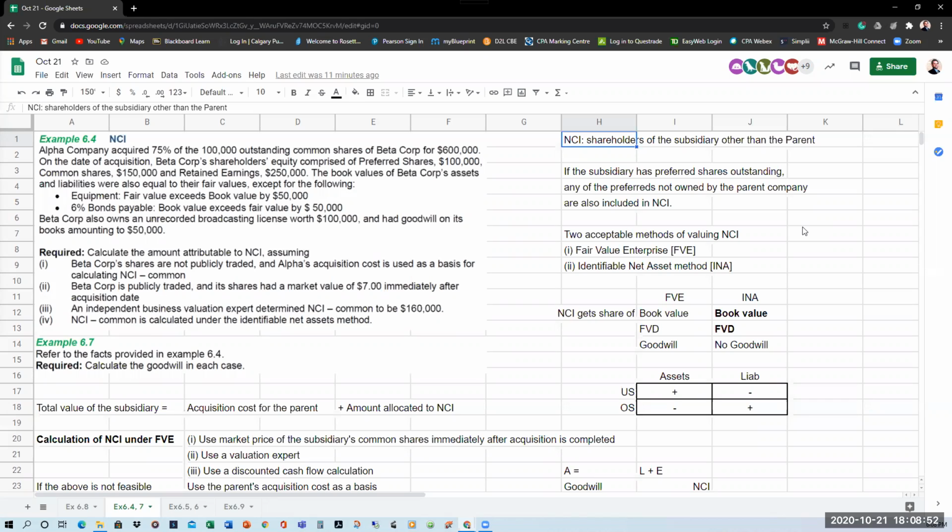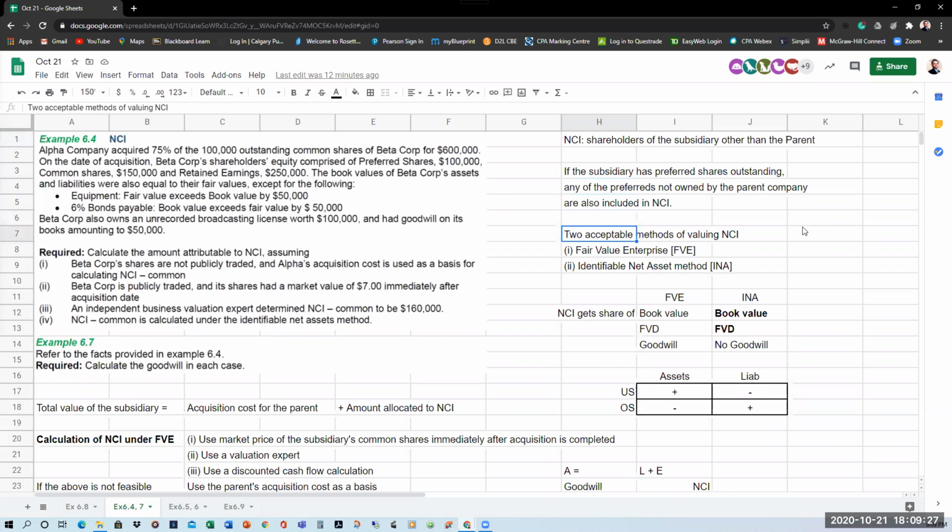If the subsidiary company's got preferred shares outstanding, and we're talking about simple, plain preferred shares here, and if those preferred shares are not owned by the parent company, then the book value of those preferred shares is also included in non-controlling interest. So non-controlling interest can have a common share portion and preferred share portion. Okay?